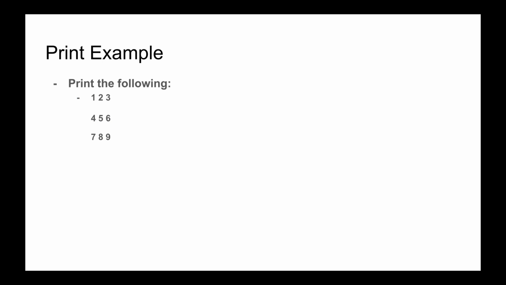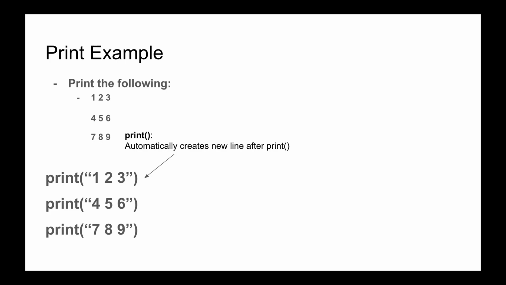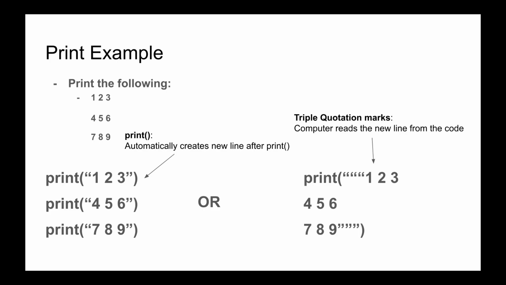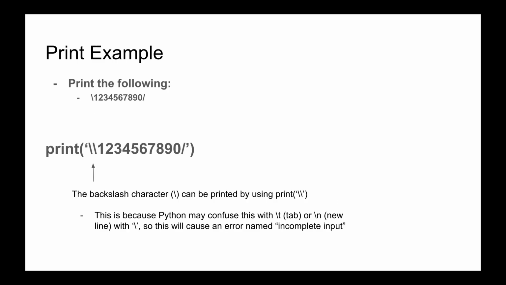If you want to print a new line, you can just use multiple print functions, or you can use something called triple quotation marks, which can automatically understand the new line or enter. And the backslash exception, where you have to use two backslashes in order to print one backslash.